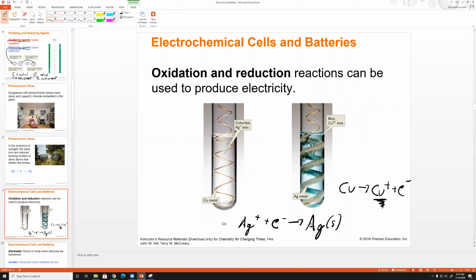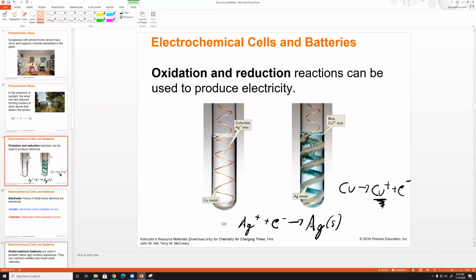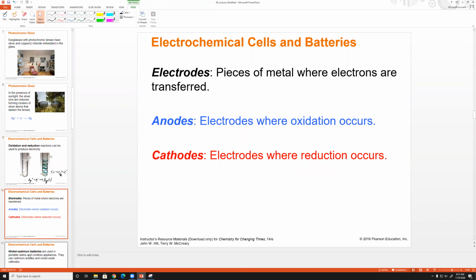So basically what's happening here is the states are switching from solid to aqueous because of the loss and gain of electrons of the metals. So this is a way of producing electricity because you have electrons moving and a current is being created. In this example, the copper and the silver could react as electrodes.